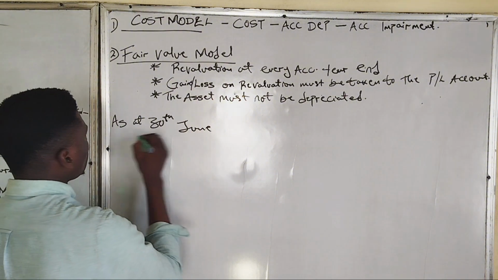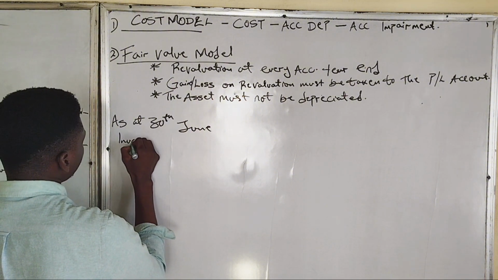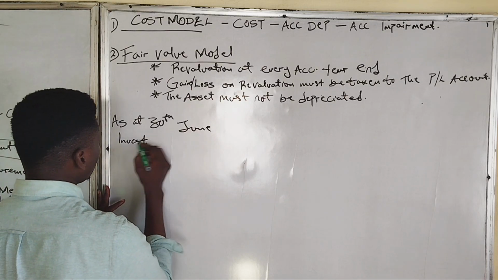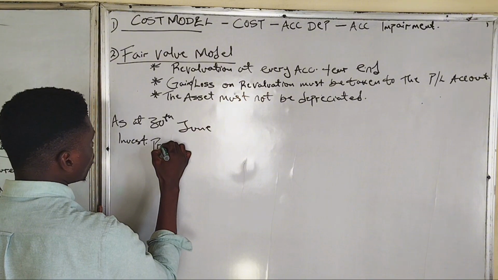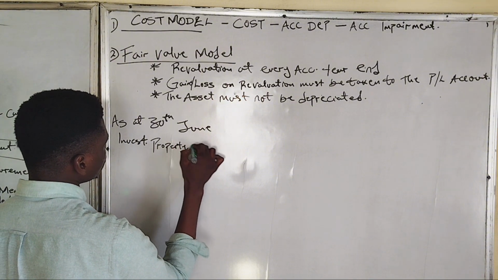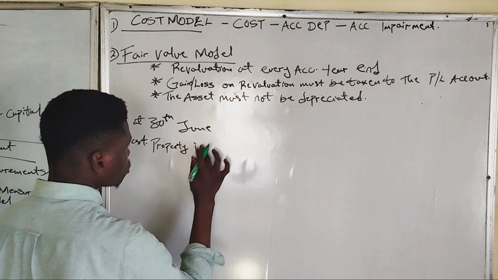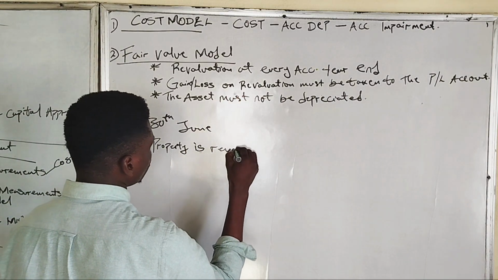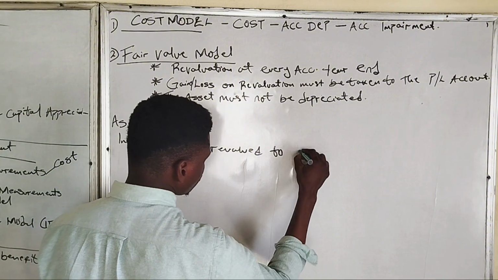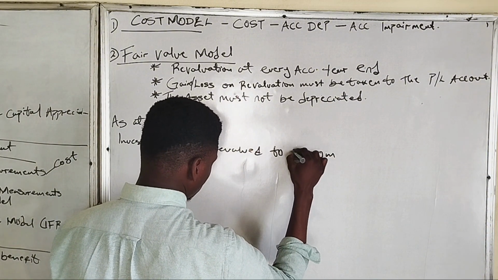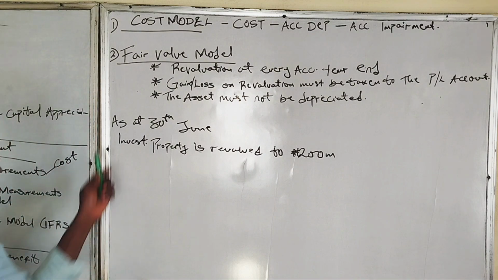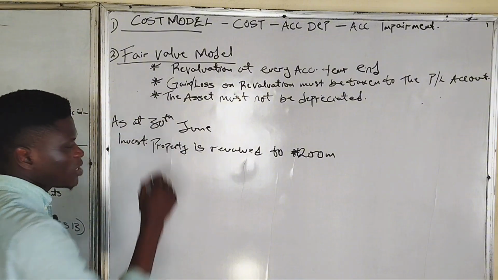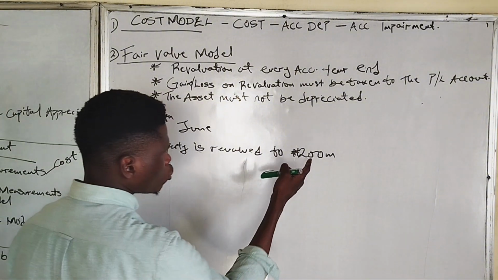As at 30th June, an investment property, which is land or building, of a company is revalued to 200 million.